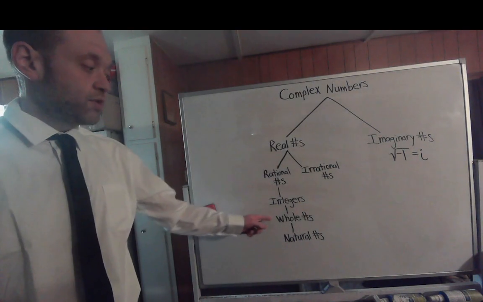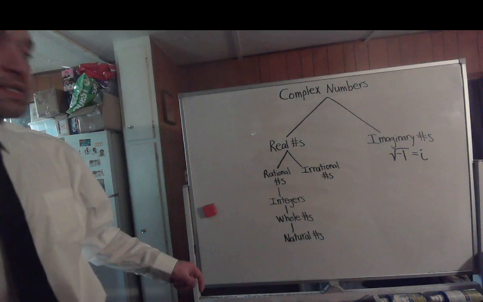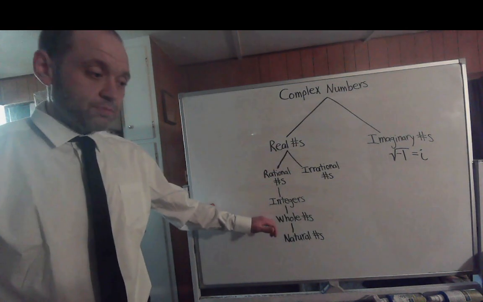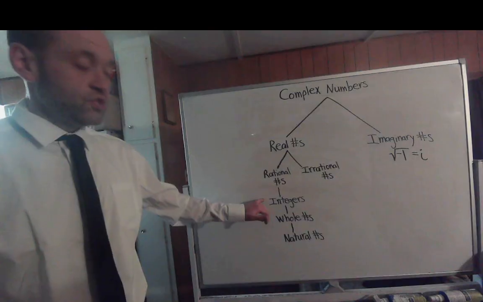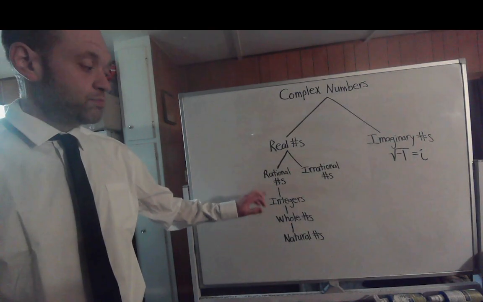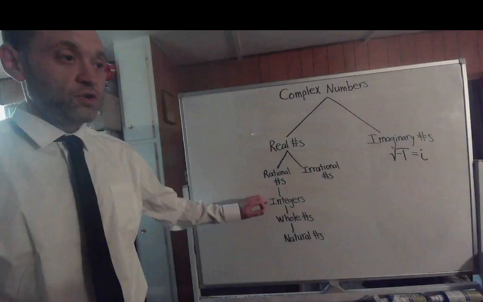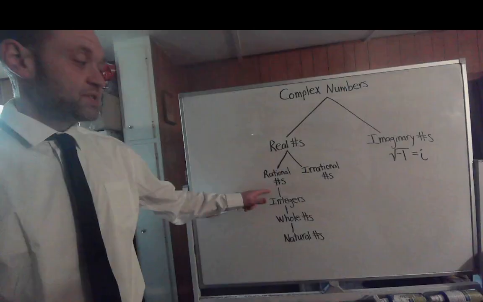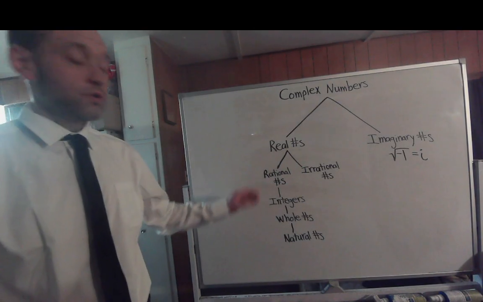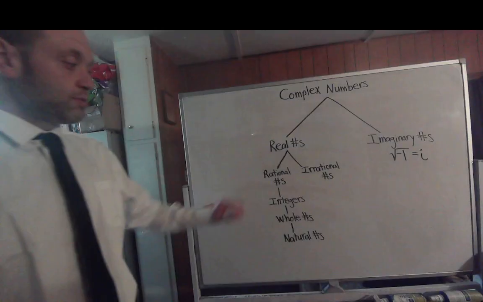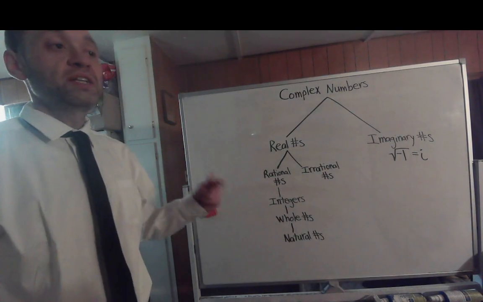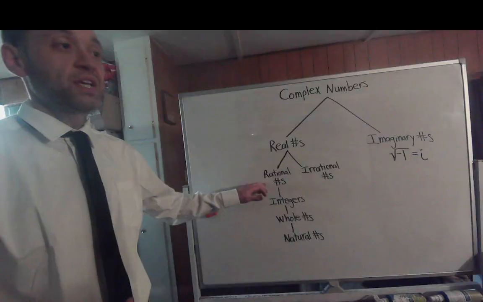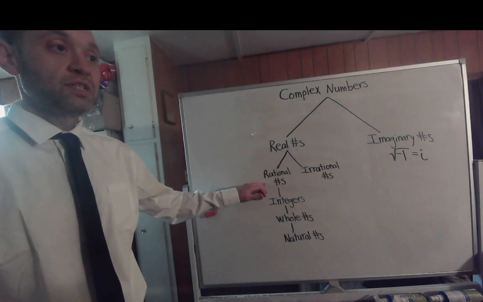So you have 0 included in that, and the whole numbers are a subset of the integers, which are both positive and negative whole numbers. Then integers are subsets of the rational numbers, which contain everything below plus fractions or decimals that can be expressed as fractions.